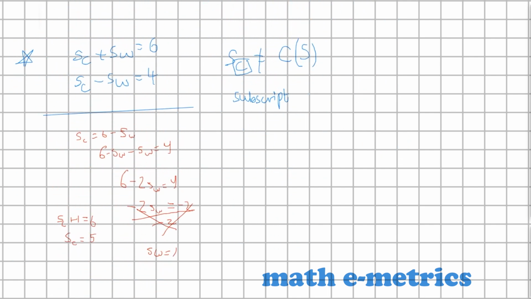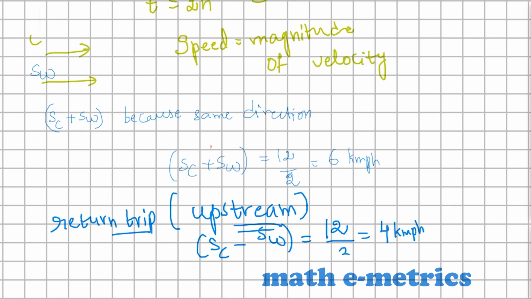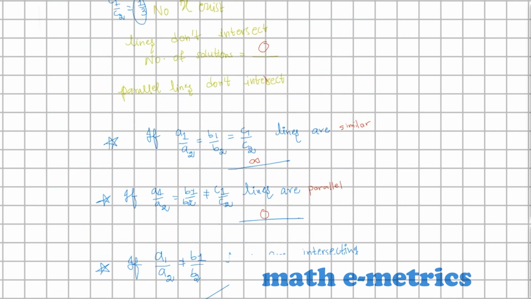So that is about that chapter. These are some word problems when it comes to linear equations and systems. We also discussed so far regarding the solutions. These 3 points are extremely important.